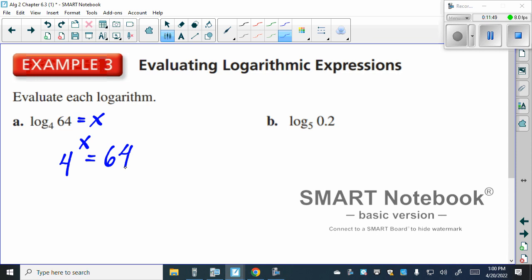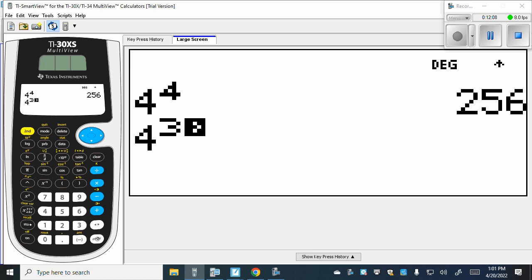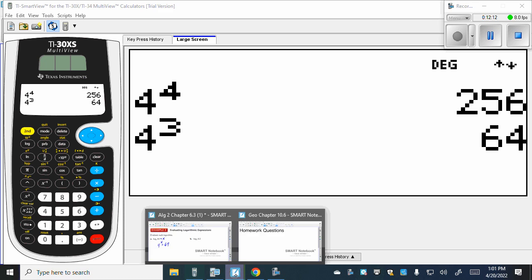So we're trying to see here, 4 to what power is 64? So 4 to the 4th is 256. So 4 to the 3rd is 64.